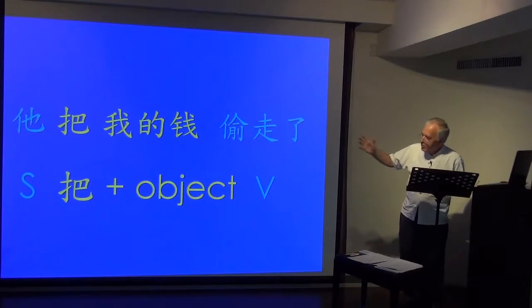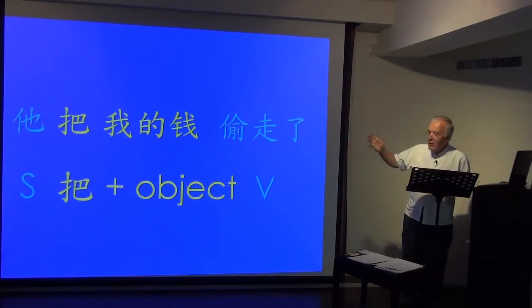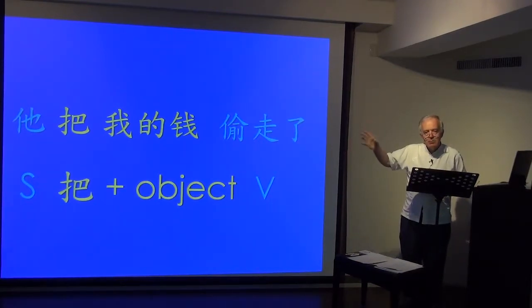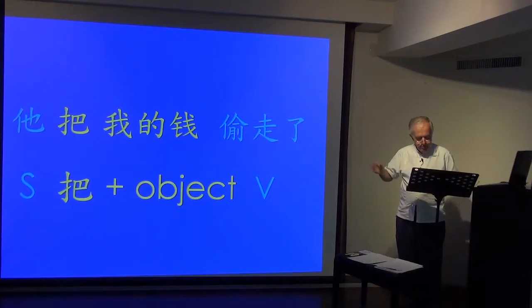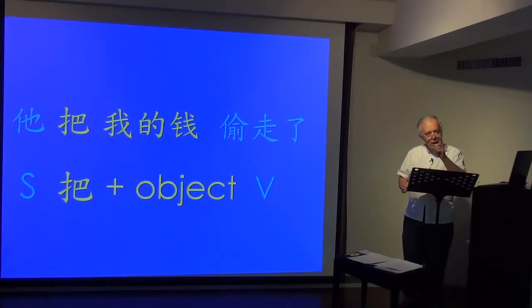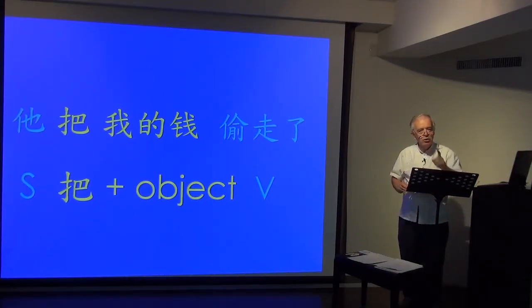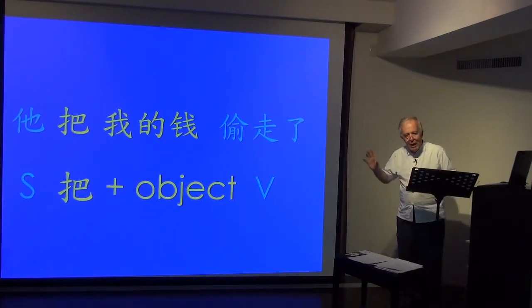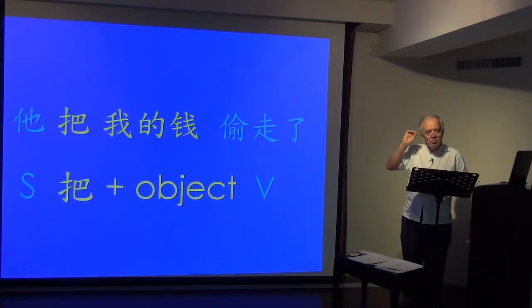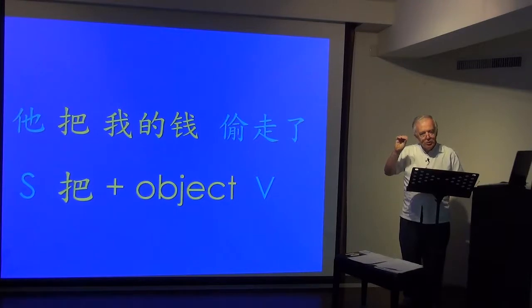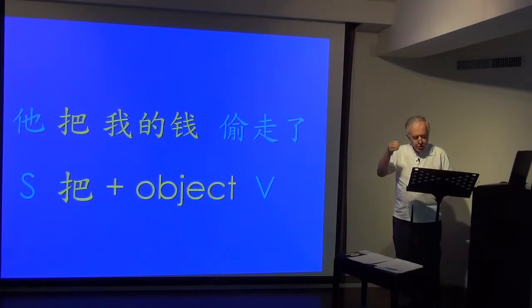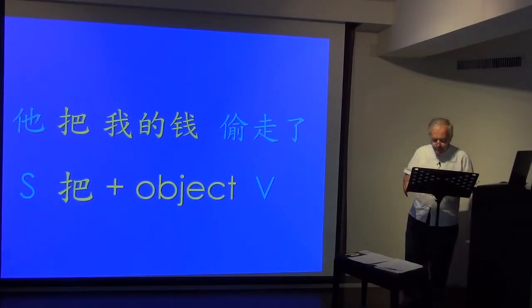And so how does 把 function? It changes the sentence from subject, verb, object to subject, 把, object, verb. Now, one key thing you must point out to your students is that 把 is only used with specific persons or things, not with persons or things in general.